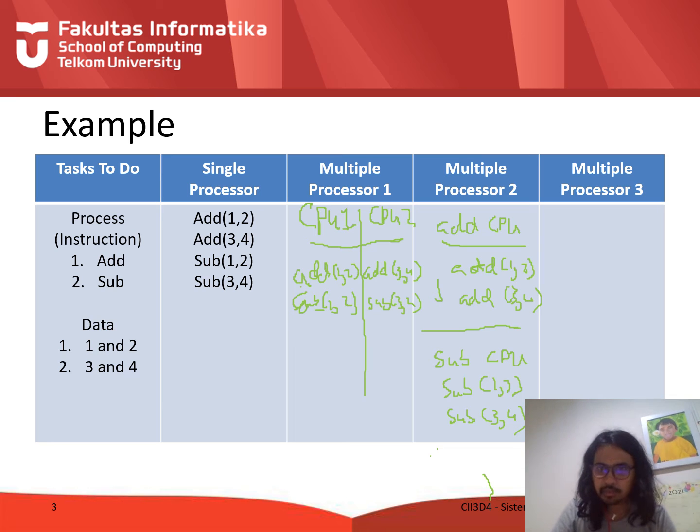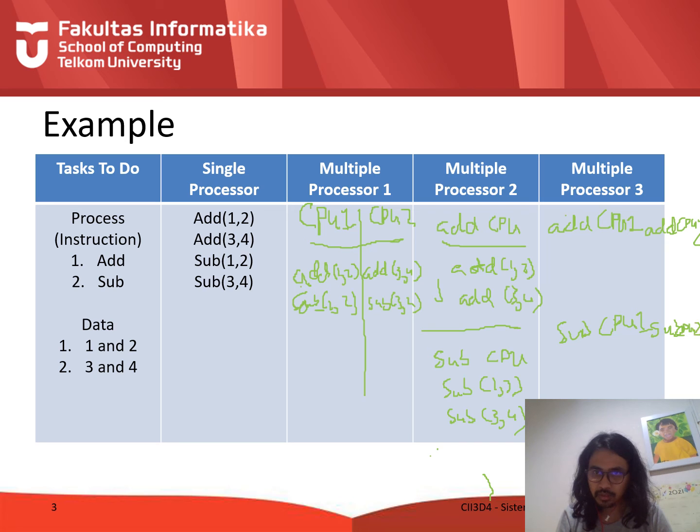And for example, we have 4 CPUs, so there are 2 add CPUs and 2 sub CPUs. So it's even faster. So add CPU 1 and add CPU 2, and we have sub CPU 1 and sub CPU 2.